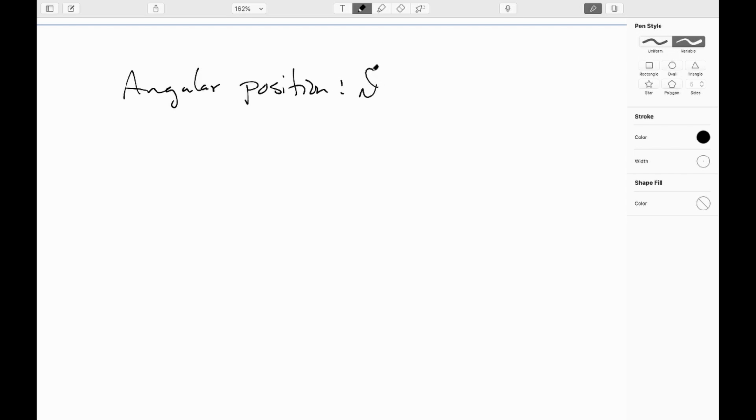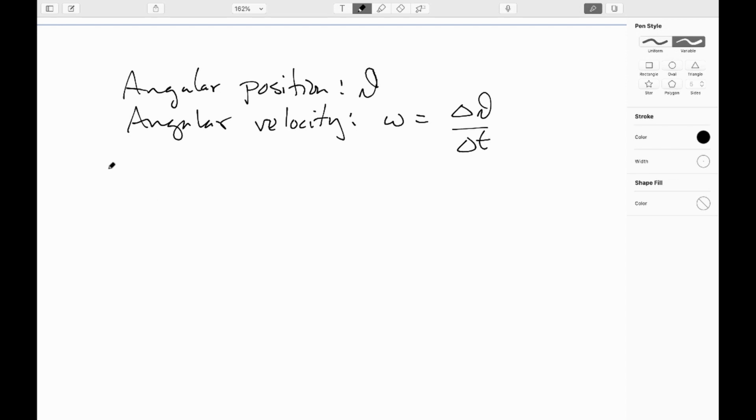Theta. This is the angle that something has turned from some reference line, and keep in mind it keeps a turn counter, so pi and 3 pi aren't the same thing. And we already saw angular velocity, which is the time rate of change of the angular position.